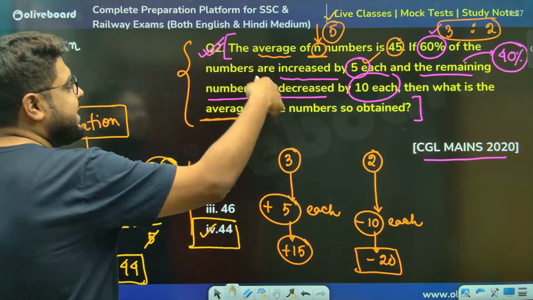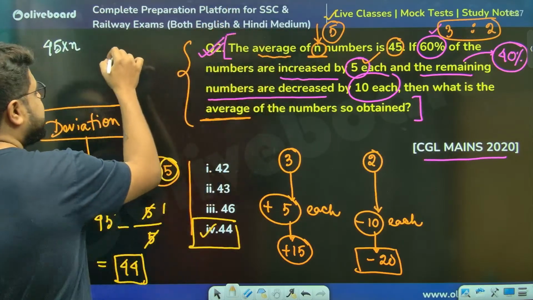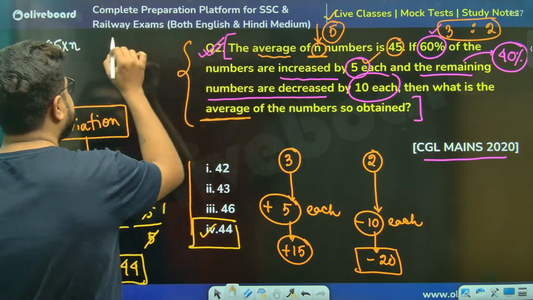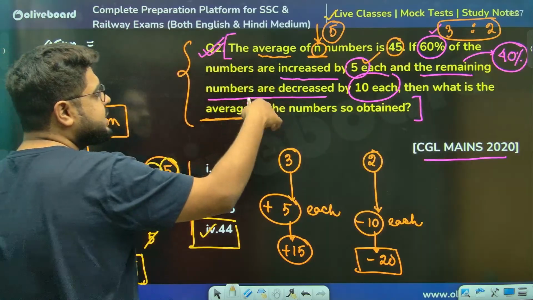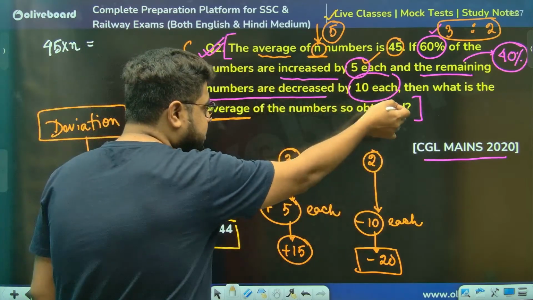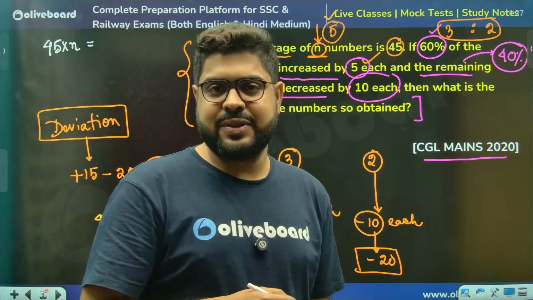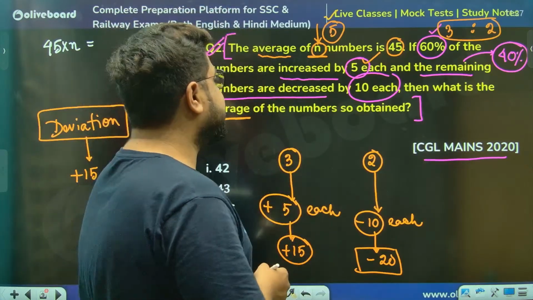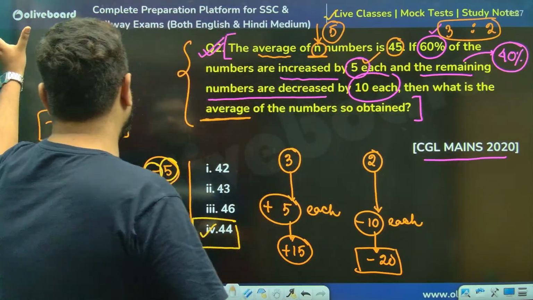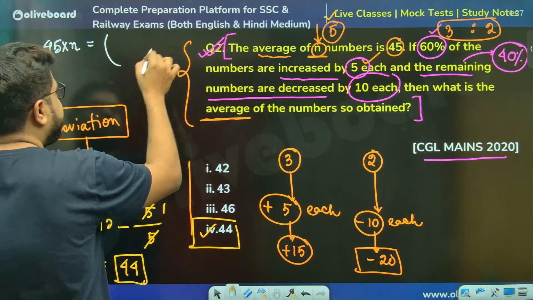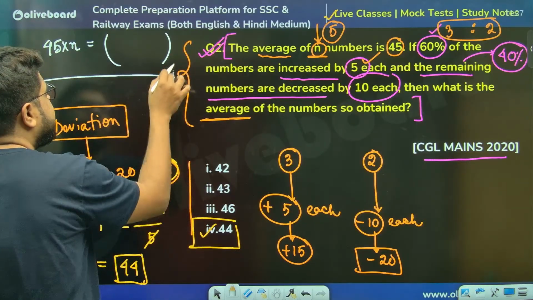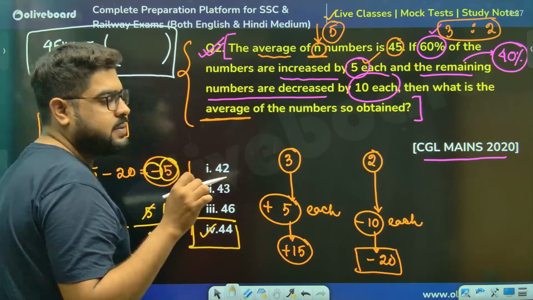Now, 60% means 3n by 5 numbers increased by 5 each, and 2n by 5 numbers decreased by 10 each. So they will make the total, the initial total equal to the final total, and from there they will figure out the value of n.